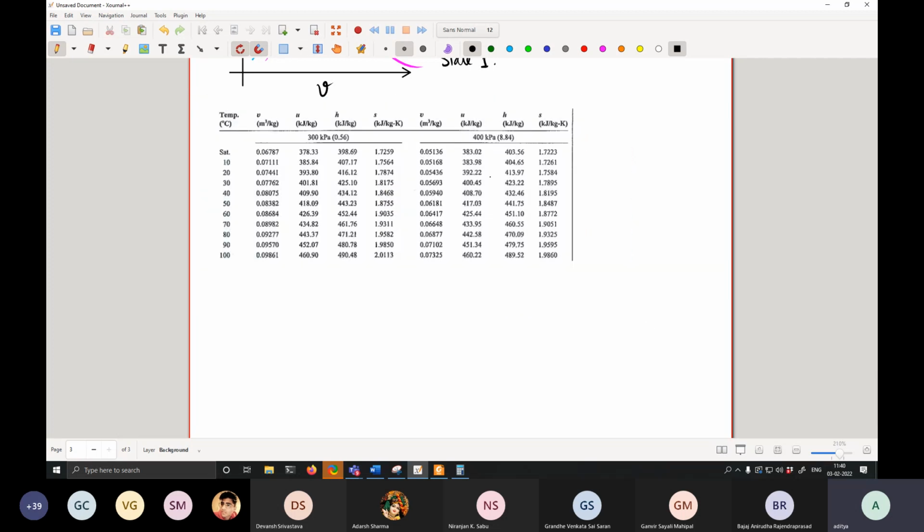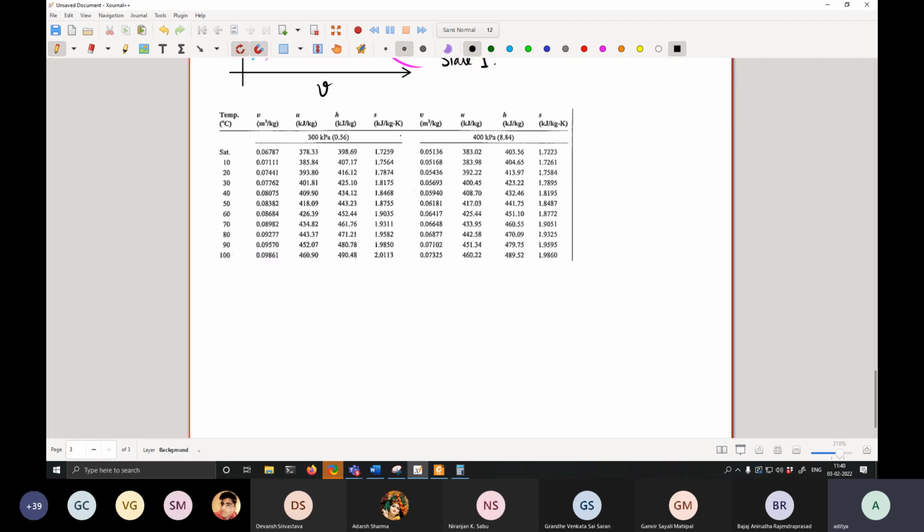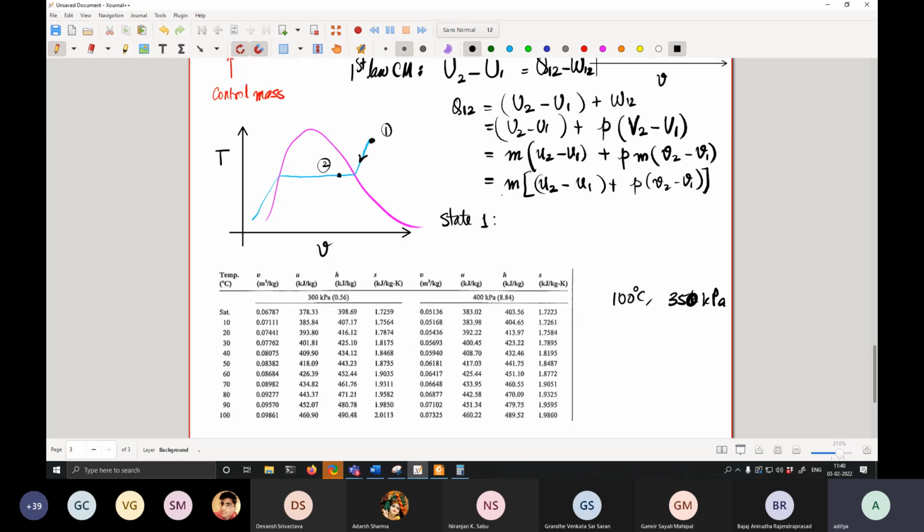Okay, so state 1 is 100 degrees Celsius, 350 kilopascal. I don't want to spend time on this, so I will directly write it in terms of enthalpy, because we have just studied it in the beginning of this class.